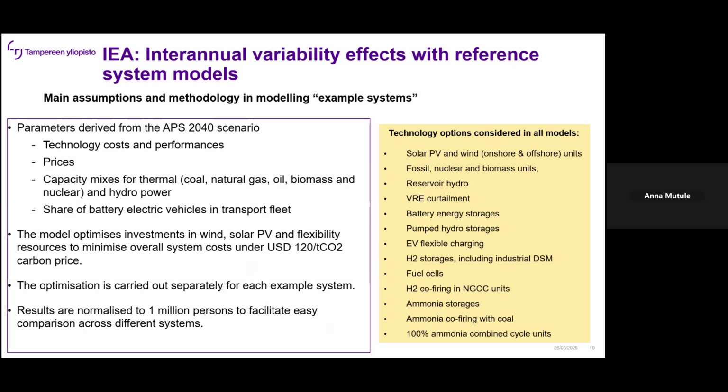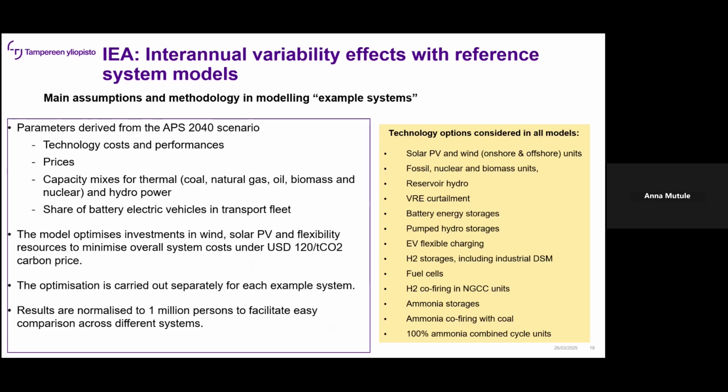The share of battery electric vehicles in the transport sector was also included to reflect sector coupling effects. The model optimized investments in wind, solar, and various flexibility resources to minimize total system cost, keeping emissions below a carbon price threshold of $120 per ton of CO2.